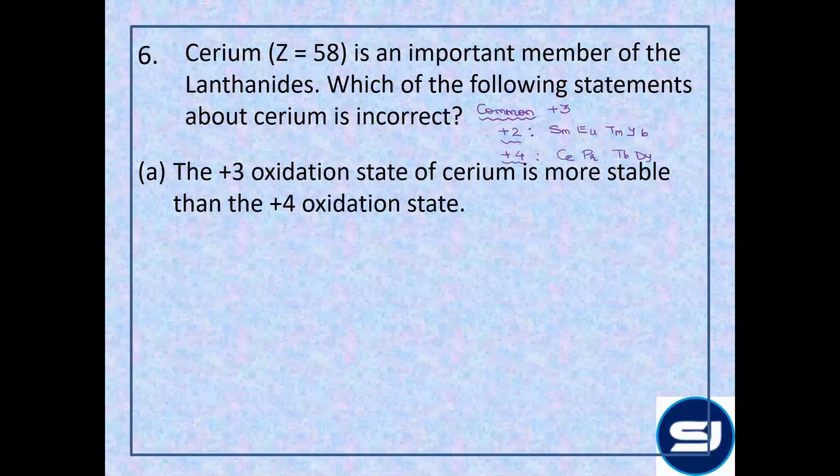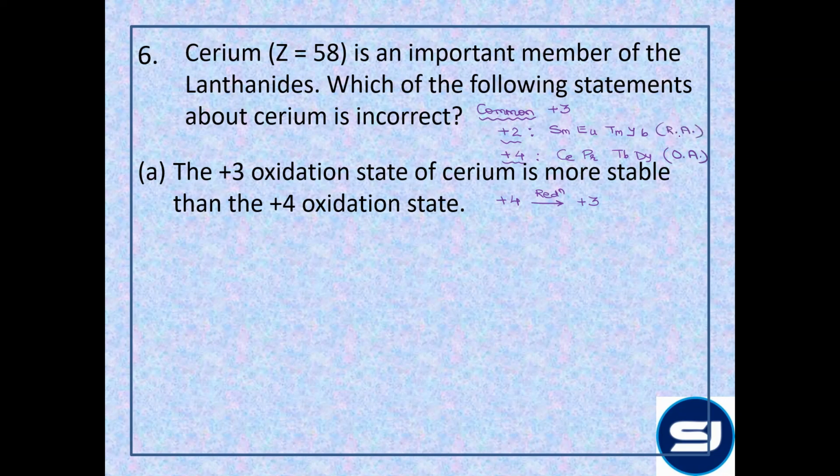तो सीरियम के लिए +4 ऑक्सीडेशन स्टेट एग्जिस्ट करता है, but in solution +3 will be more stable, because if you remember the +4 will try to come back to its +3 common oxidation state. In that process it will undergo reduction, and that's why these ions will act as good oxidizing agents.